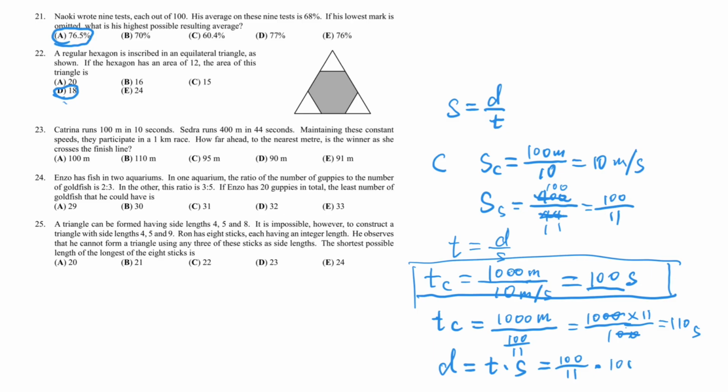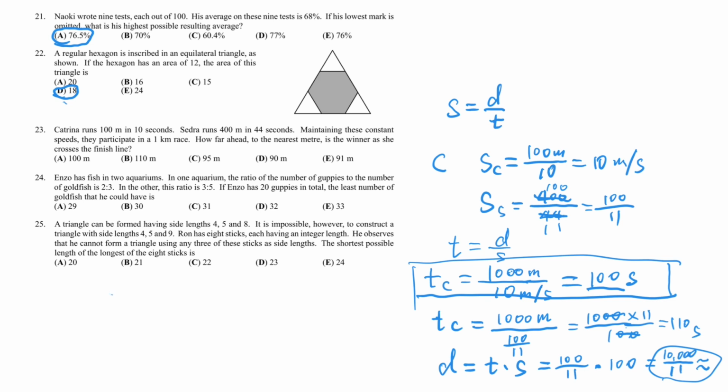We multiply by 100 seconds. That means 10,000 over 11, which is roughly equal to 909.